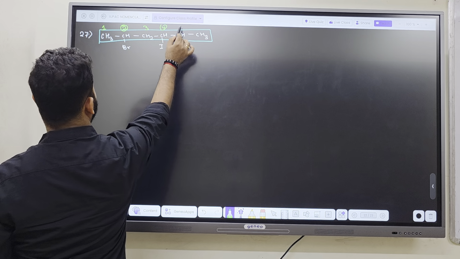For example, I'll give one example. Okay. Here the PCC has how many? 1, 2, 3, 4, 5, 6 carbons. Since PCC has 6 carbons, your root word would become hex.